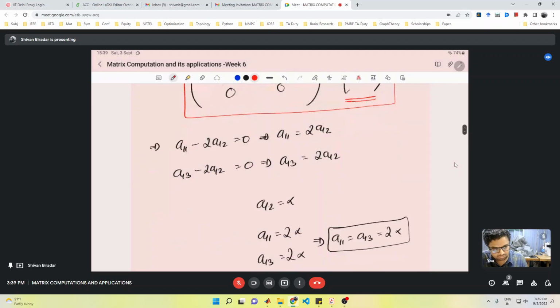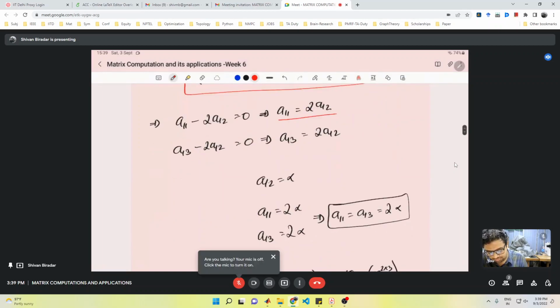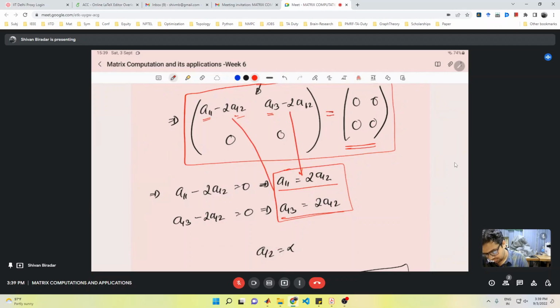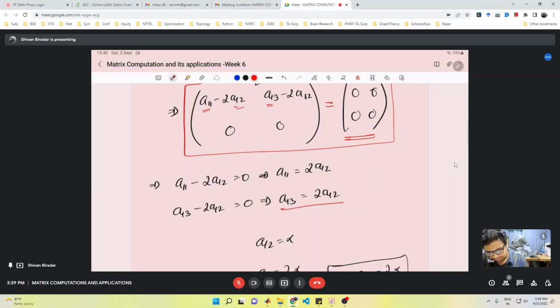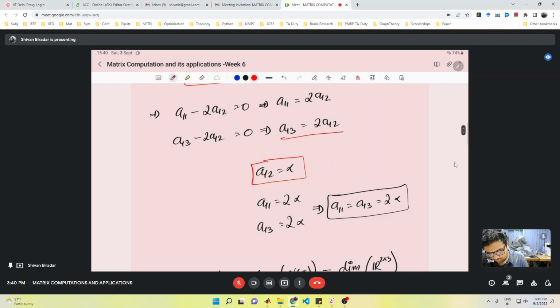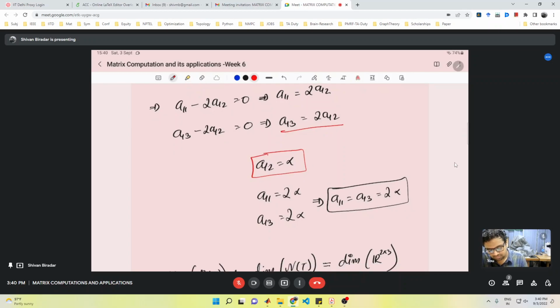Let us see what we are doing here. A11 equals 2A12 and A13 equals 2A12. These are the two equations which we get. So let A12 be equal to alpha, then A11 would be 2 alpha and A13 would be 2 alpha, which means A11 is equal to A13 is equal to 2 alpha.